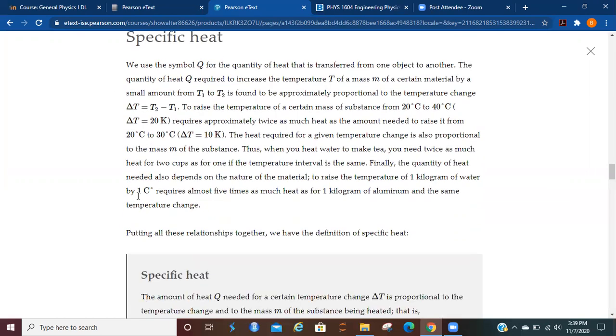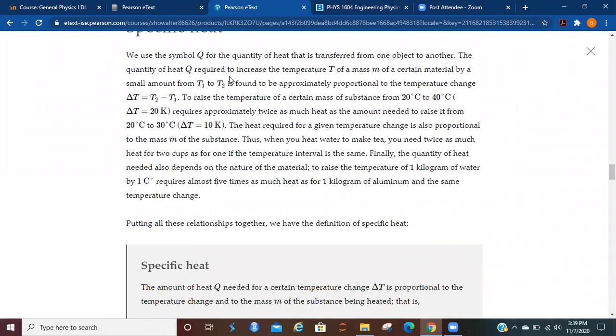Specific heat. So we use the symbol Q for the quantity of heat that is transferred from one object to another. The quantity of heat Q required to increase the temperature of a mass m of a certain material from T1 to T2 is found to be approximately proportional to the temperature change.